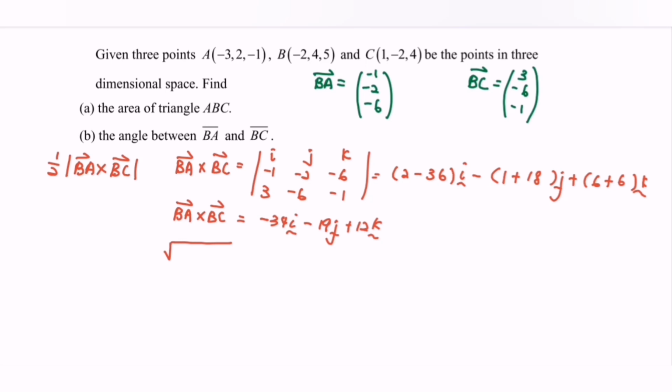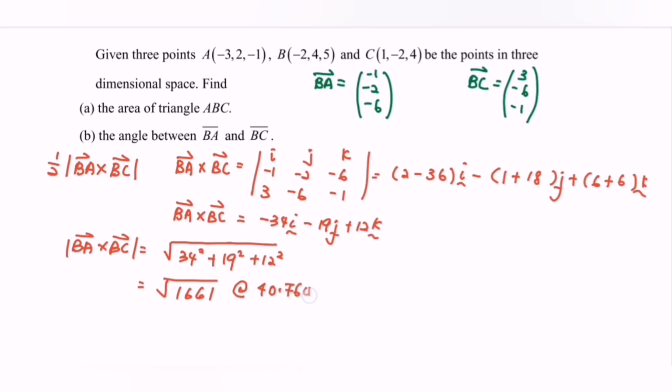So in here, we will have the magnitude of BA cross BC equals to the square root of 34 squared plus 19 squared plus 12 squared. So as a conclusion, we have the square root of 1661, or 40.76 unit square, for the area of BA cross BC.